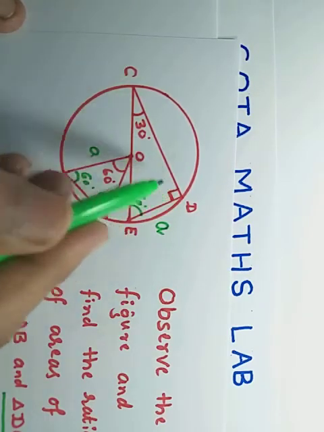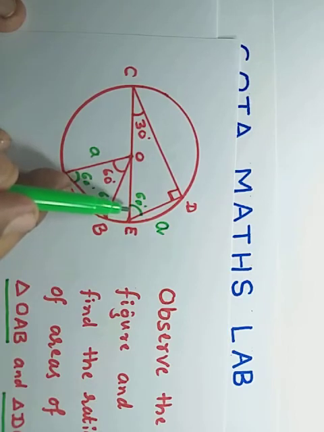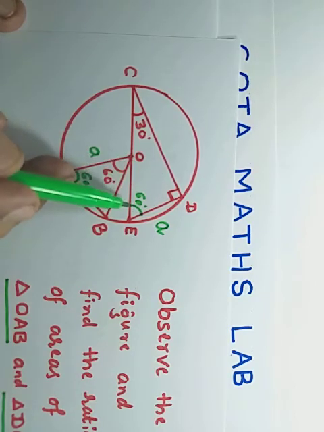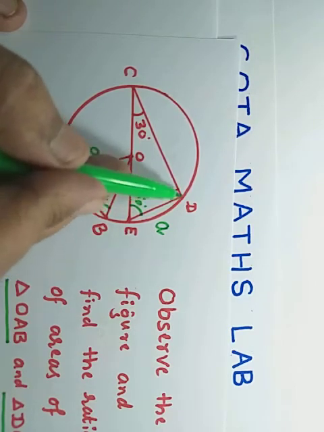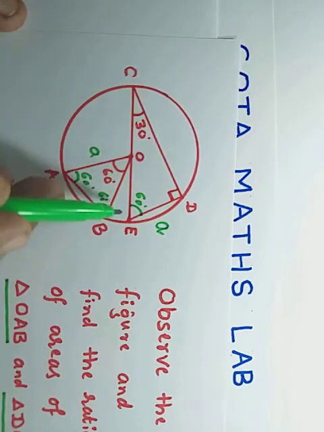Now we require DC also. Here it is 60 degrees. Again we will apply sine. Sine 60 degrees is equal to DC, the opposite side, by the hypotenuse, DC divided by 2a.